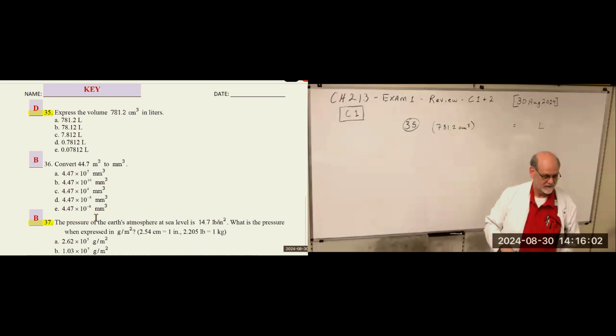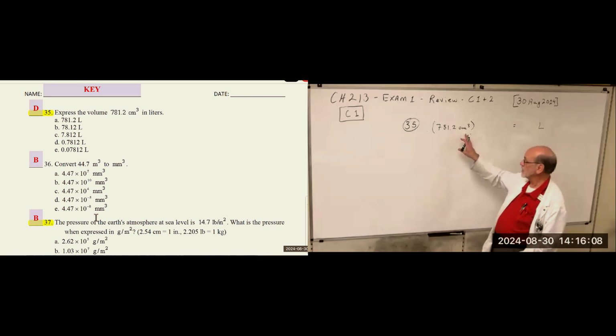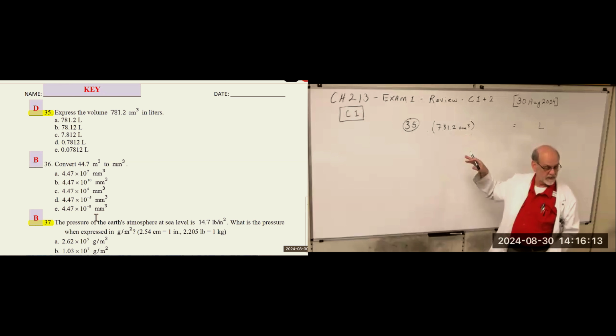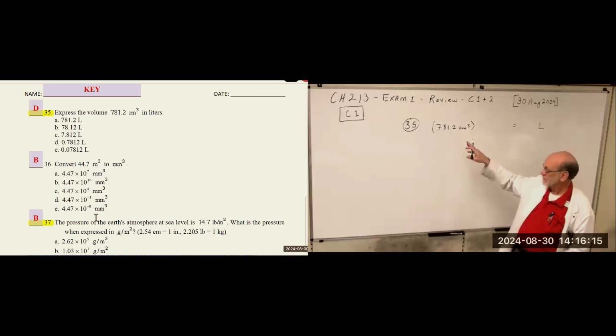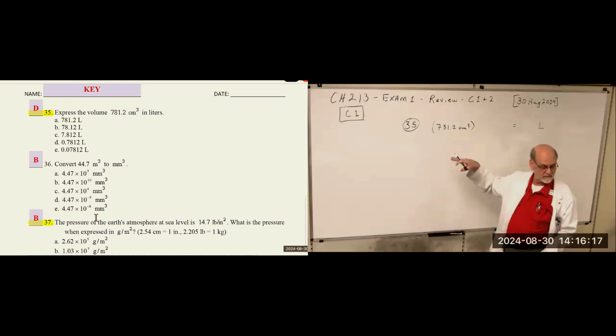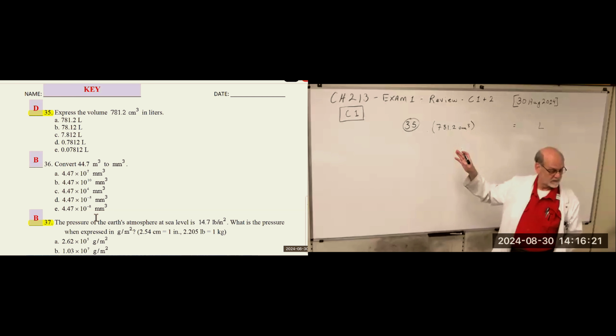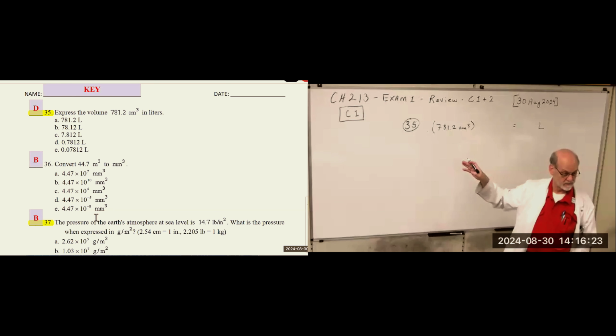It's a volume. Well, we use this for solids. We use milliliters for liquids. But what's the relationship between this unit of measure and liquid unit of measure? They're exactly equal. 1 cubic centimeter is a milliliter.